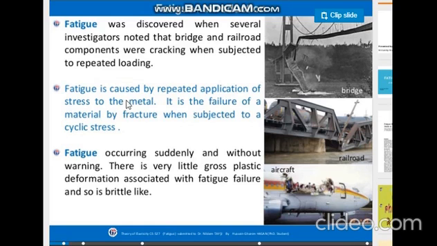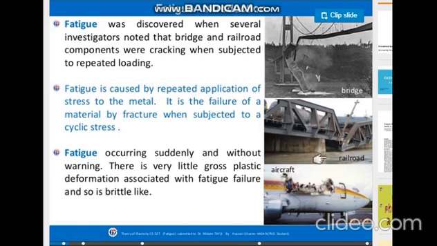So, fatigue is caused by repeated application of stress to the metal. It is the failure of a material by fracture when subjected to cyclic loading. This was first noticed in England, when they started using trains.